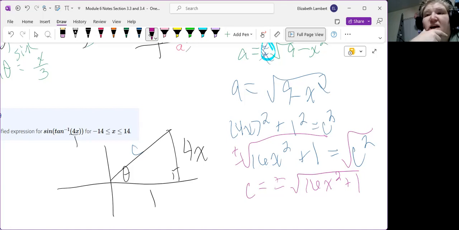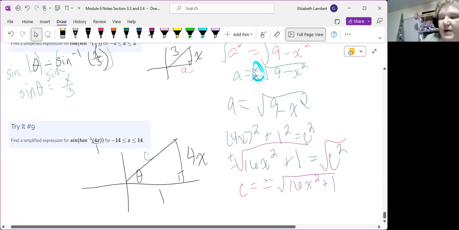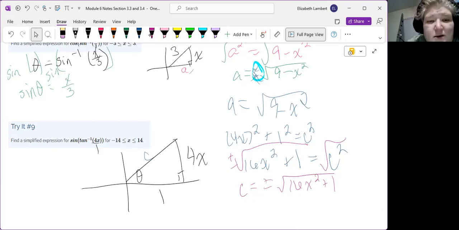And then I can take the sine of that angle measure. And then 16x squared plus 1, I can plug in any numbers I want there. But we would want to differentiate. Both of these equations are actually true for c. It depends on whether we're dealing with a positive x or a negative x.